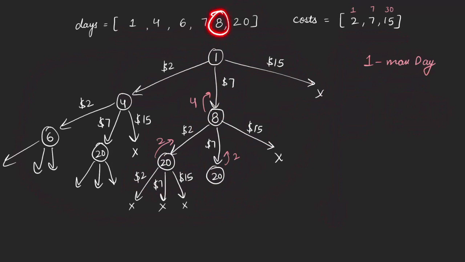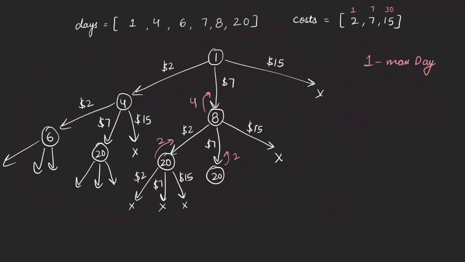You will see that yes, it is present. So we will go for 8. If it is not present, then we will check for 9, then 10, then 11, and so on till the max day, right? So if we simply go and find out in this days array, then it will increase our time complexity, right? Because at each of these points, we will find whether the next day is present here or not, right?